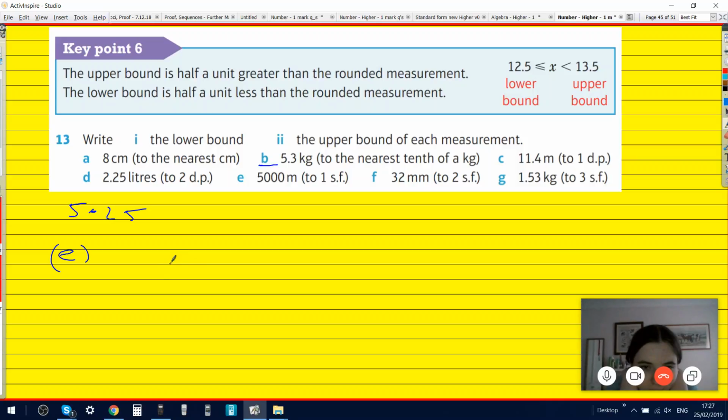No, wait. 4,000. 445. What would the next number have to be for it to round up? 500. Yeah.